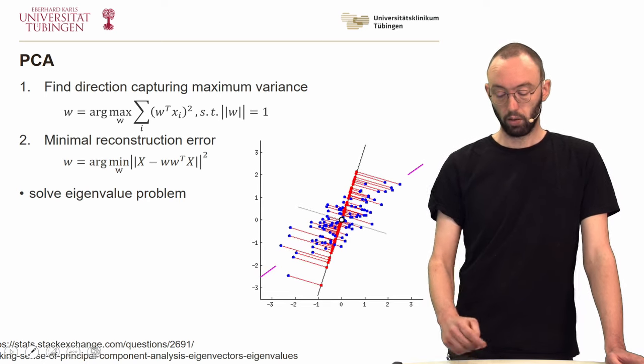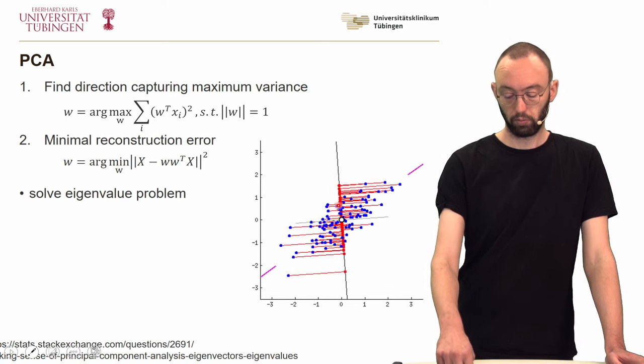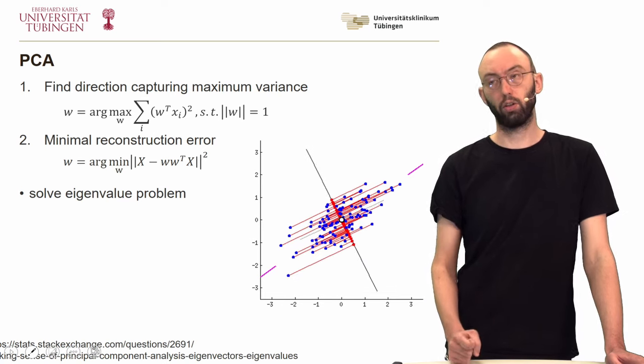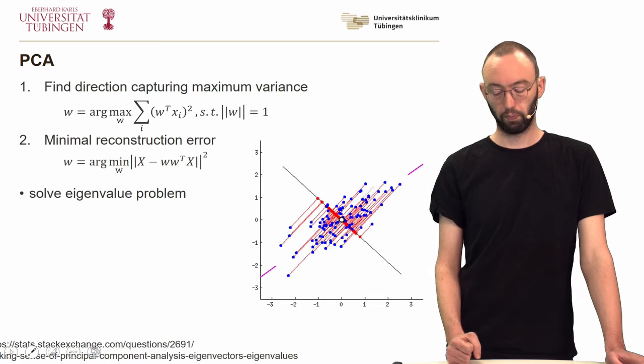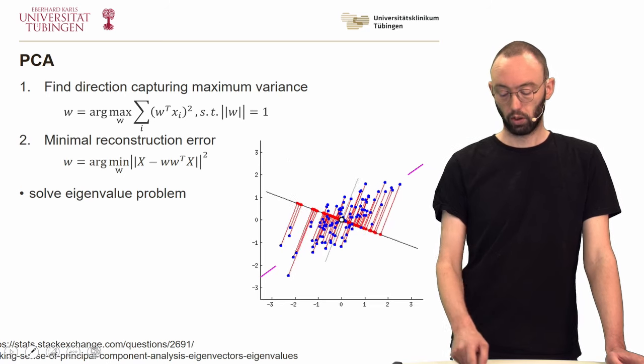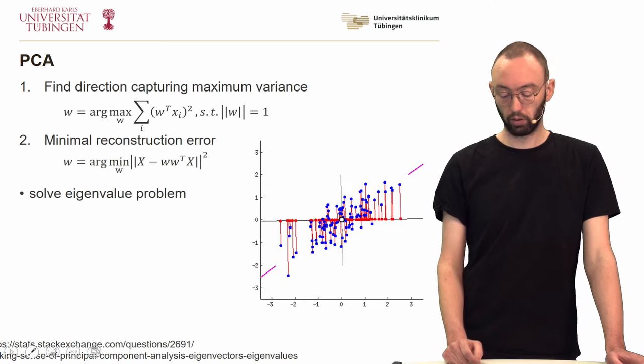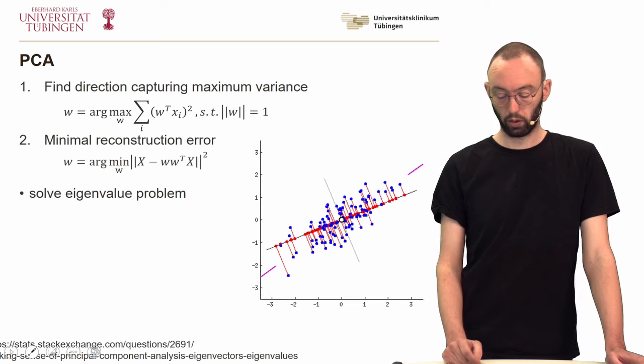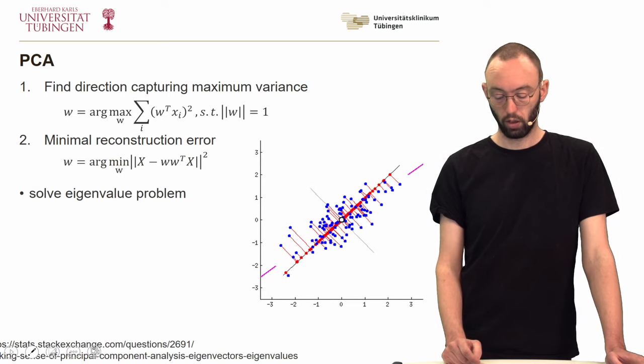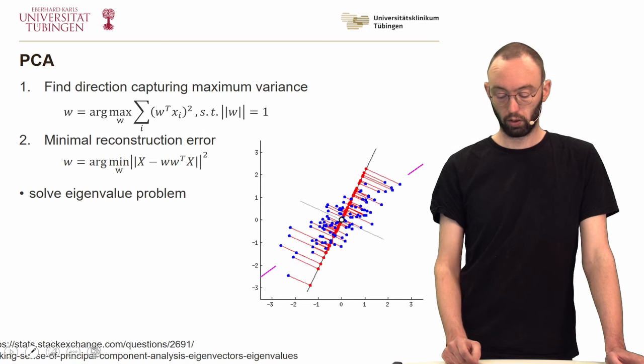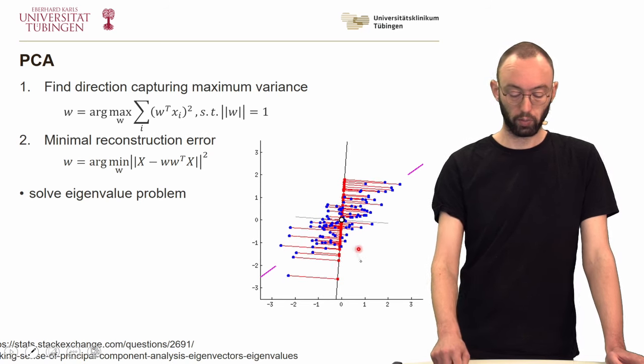You can see that by measuring the spread of the red dots on the low-dimensional projection of the data. Now you can see again that it becomes bigger and bigger, grows until this direction is found, and then it becomes smaller again, and the direction of smaller variance is exactly that.